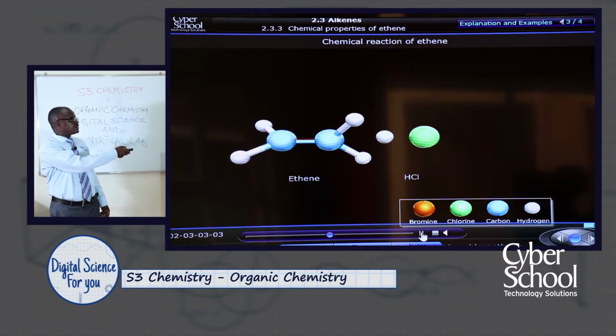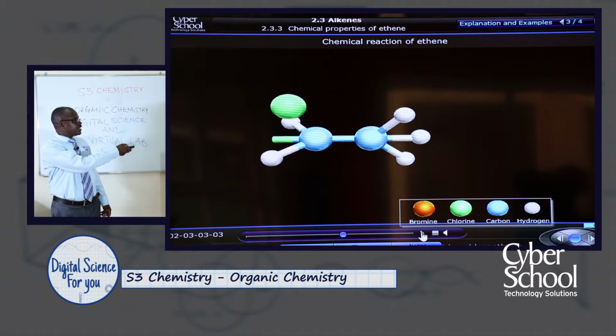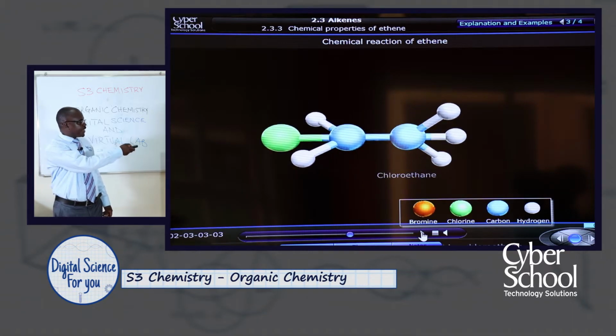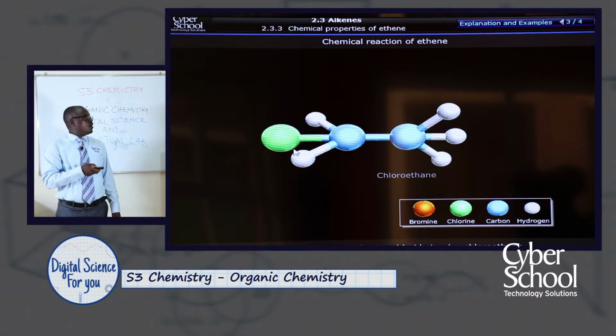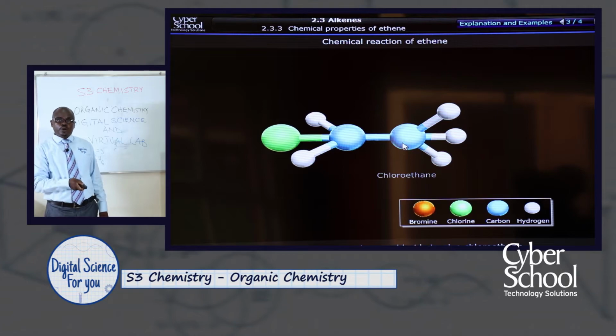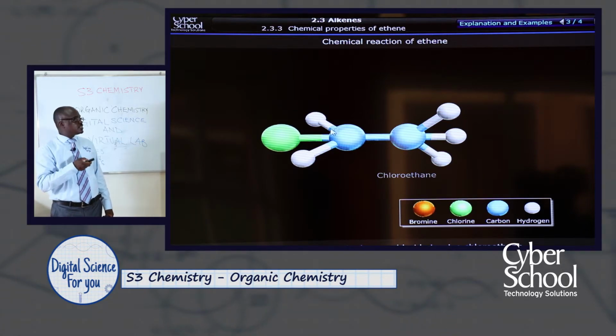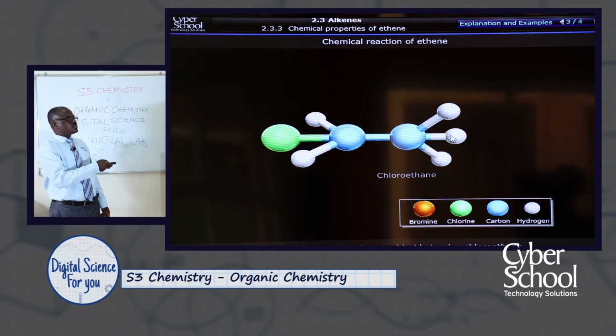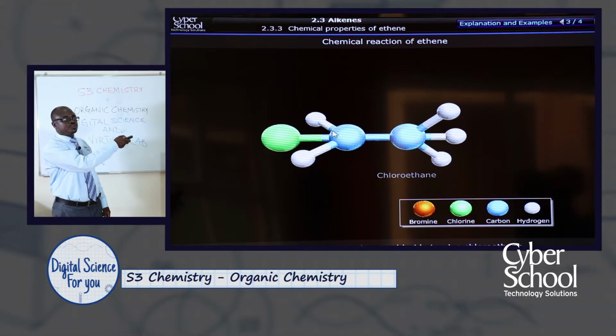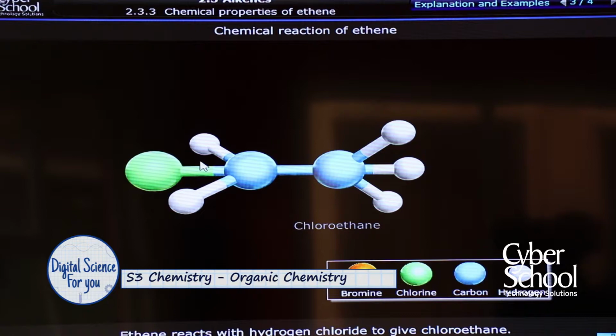Let's play it again slightly. Yes, stop there, and I explain. Now, we had a structure of ethene which has a double bond, but now it is not there. So it has created two bonds on each carbon atom: the first one has got hydrogen, and the second one has got chlorine.